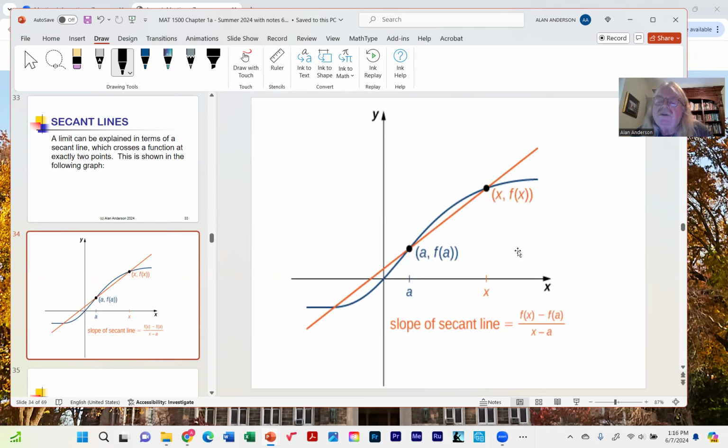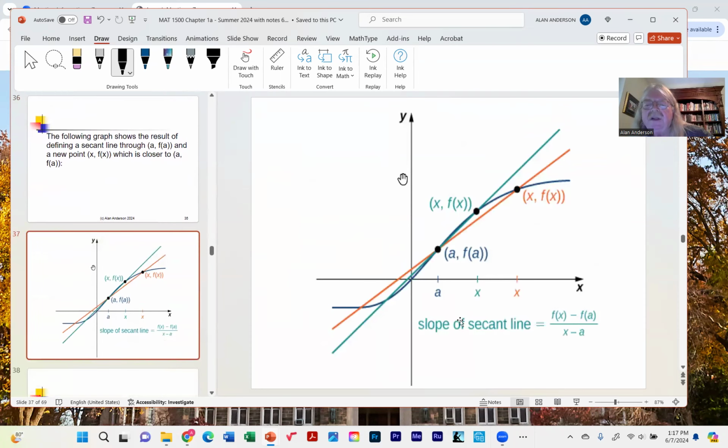So what we're going to have to do is imagine that these two get closer and closer together. So in other words, imagine now, I'll show you the next graph. They're closer. Well, here we have orange X, the original one, and here we have teal X, I guess. So you can see the slope of the teal line is a little different than the orange line, but it does appear to be a better reflection of what's happening on our original function, the blue curve.